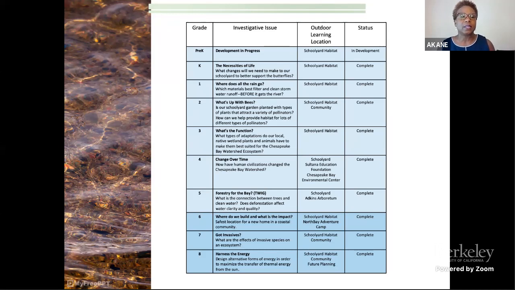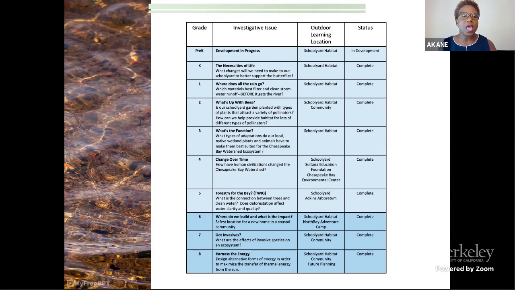Of course, you can see that the pre-K one is still in development, but what we do is we ensure that they are getting those outdoor experiences in their schoolyard habitat. Each one of our 14 schools has a space for schoolyard habitat. So kids can learn outside at each one of our schools, whether it's elementary, middle, or high. And you can see some of the investigative issues.